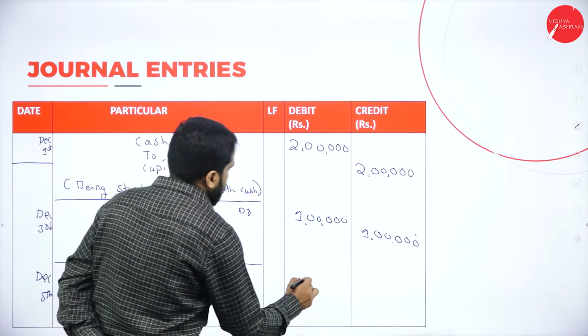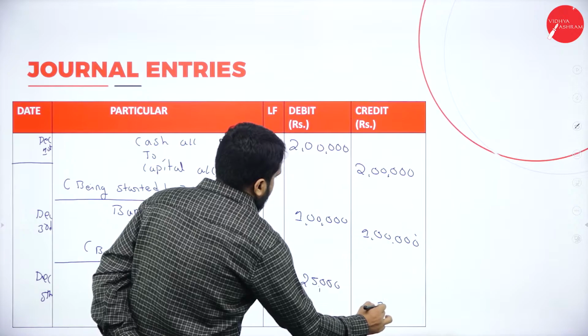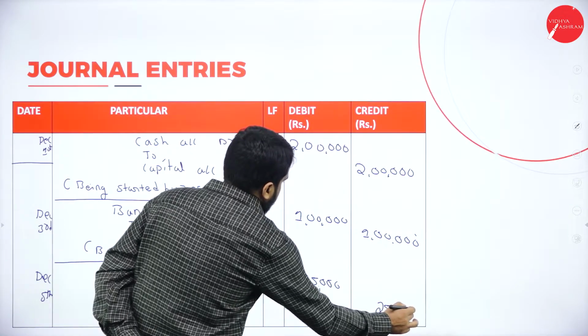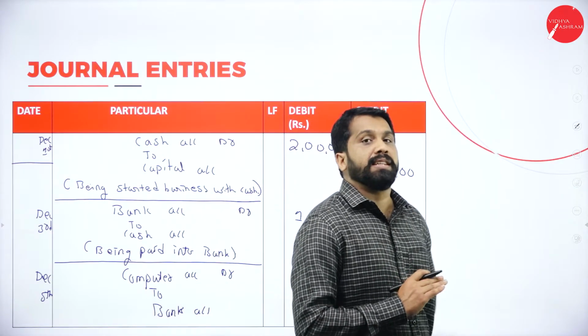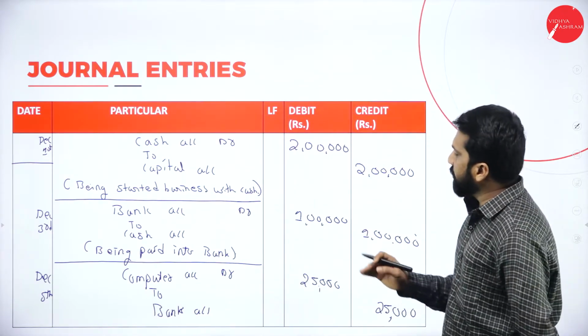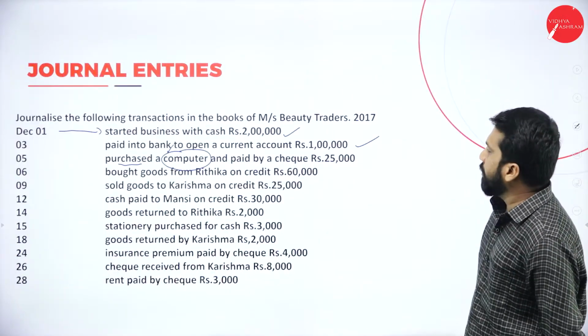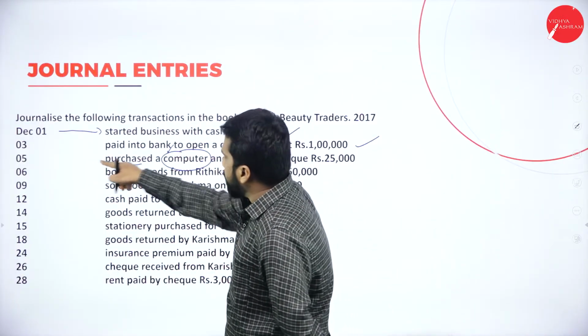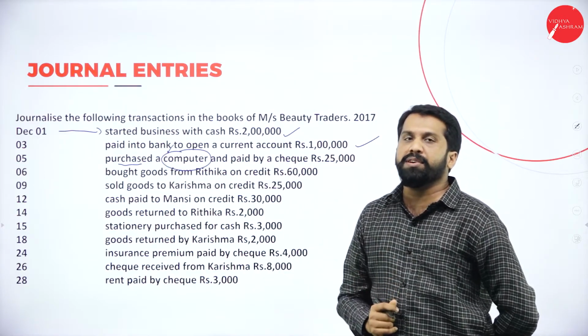So, 25,000 and 25,000. Any doubt up to this? Hopefully, there is no doubt up to this. Computer to bank. What will be your narration? Simple. Being purchased a computer and paid by check. That's it. That will be your narration.